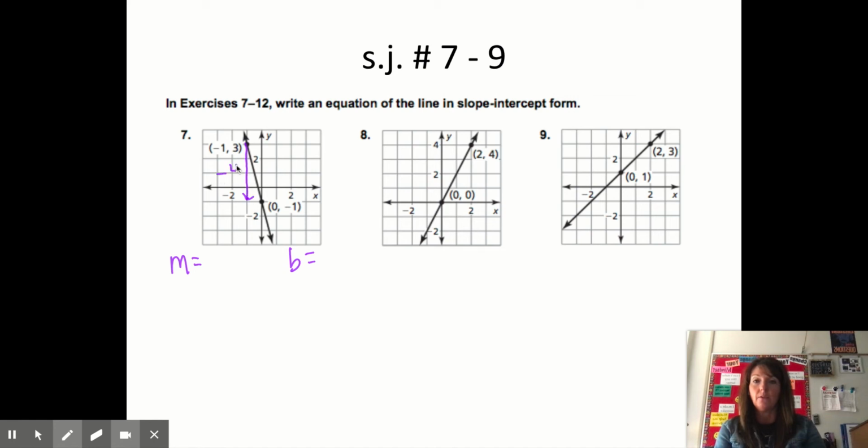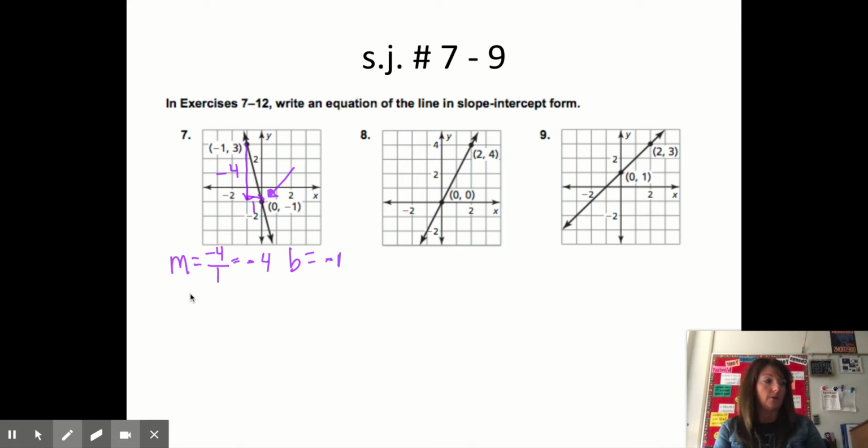So we're negative 4. And to the right, a positive 1. So the change in y is negative 4. The change in x is a positive 1. It simplifies to negative 4. This point, whenever x is equal to 0, the y coordinate is your y-intercept, and it's negative 1.